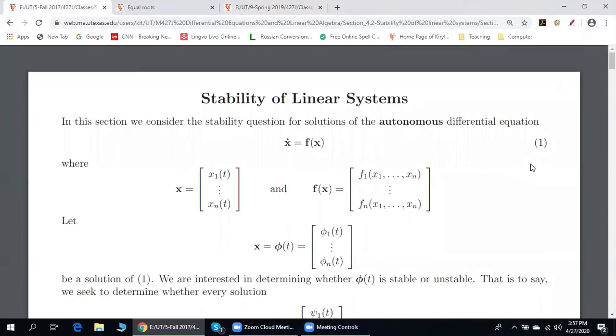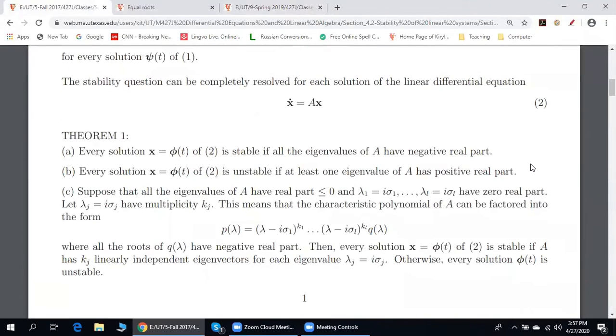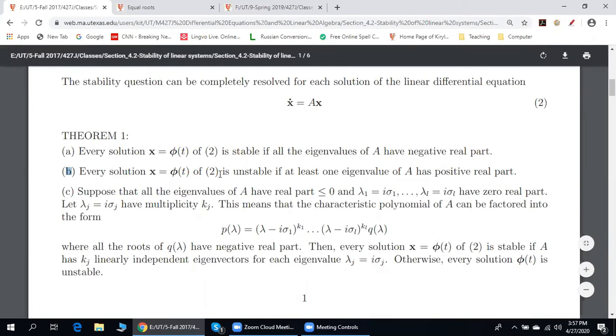Yes, absolutely. So part C is very confusing. Step 1, find all eigenvalues. Step 2, look at their real parts. If there is a real part which is positive, by B, we immediately conclude that all solutions are unstable.